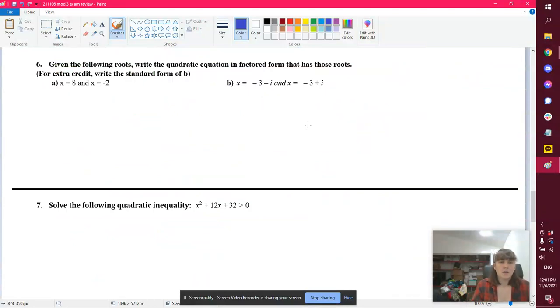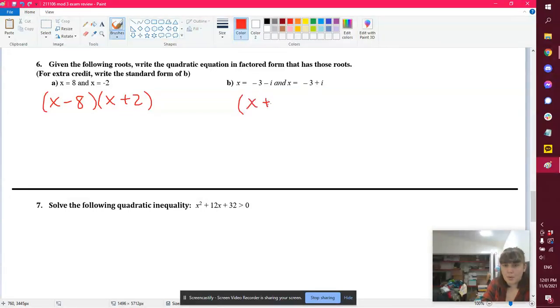Okay, number 6. Given the following roots, write the quadratic equation in factored form that has these roots. This one's kind of easy, I'm not gonna lie. This one, we switch the sign and we're done. Right? Instead of 8, we have negative 8, and instead of negative 2, we've got positive 2. If we want to do stuff like this, we just switch both of the signs.